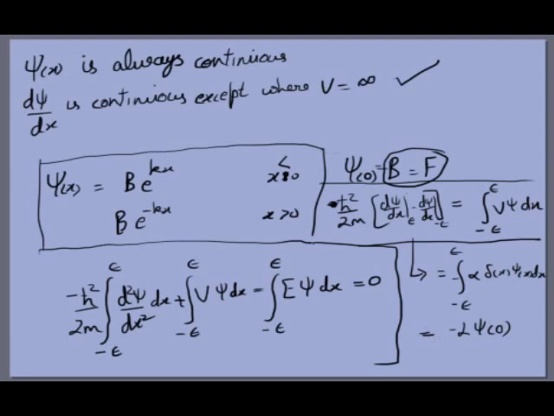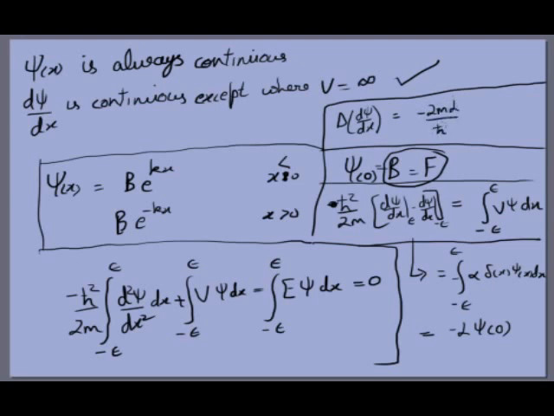So the LHS is equal to RHS, which gives us that Δ(dψ/dx) is equal to -2mα/ħ² ψ(0).